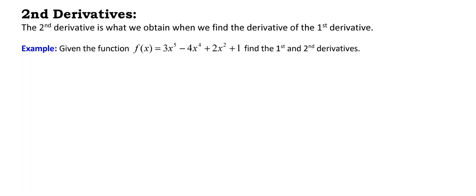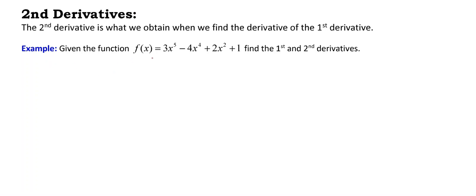In this video, we will take a look at how to find second derivatives. So when we have a function and we take the derivative of that function, we will now call that the first derivative. When we take the derivative of the first derivative, we have the second derivative.